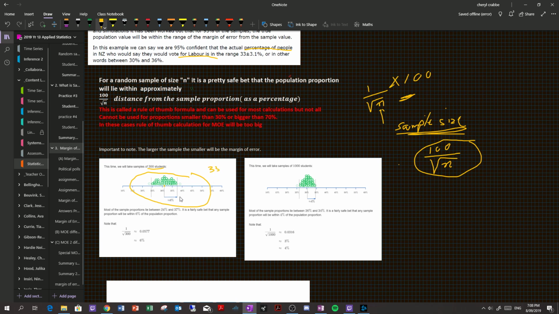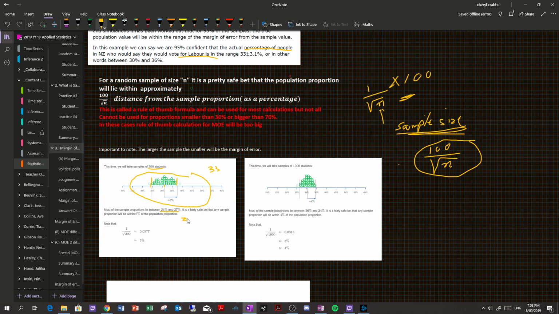What happens is that in a small sample of, say, 300 students, the sample proportion will lie somewhere between 24 and 37. If you take a look, most of our samples, we cut off the extreme ends, and most of those samples are giving us a range of values or percentages somewhere between 24 and 37%.